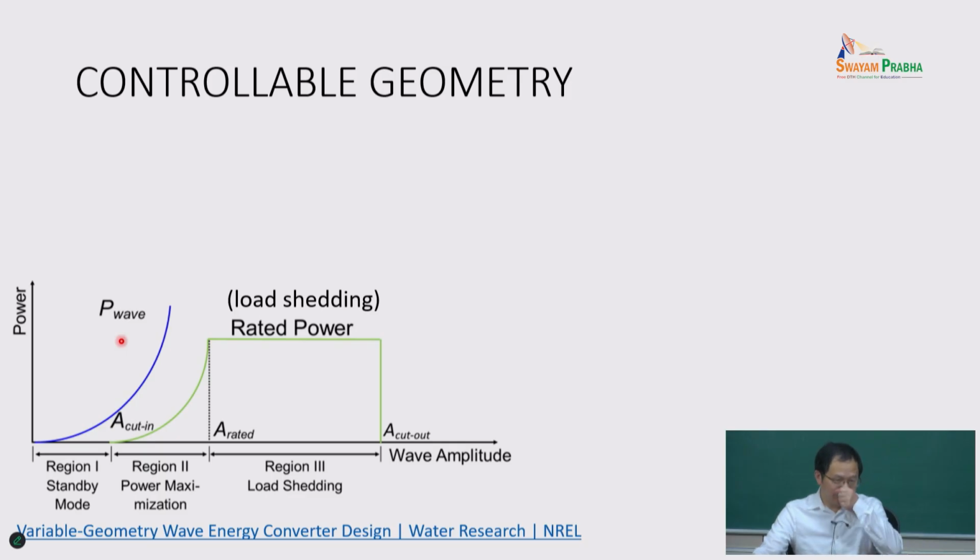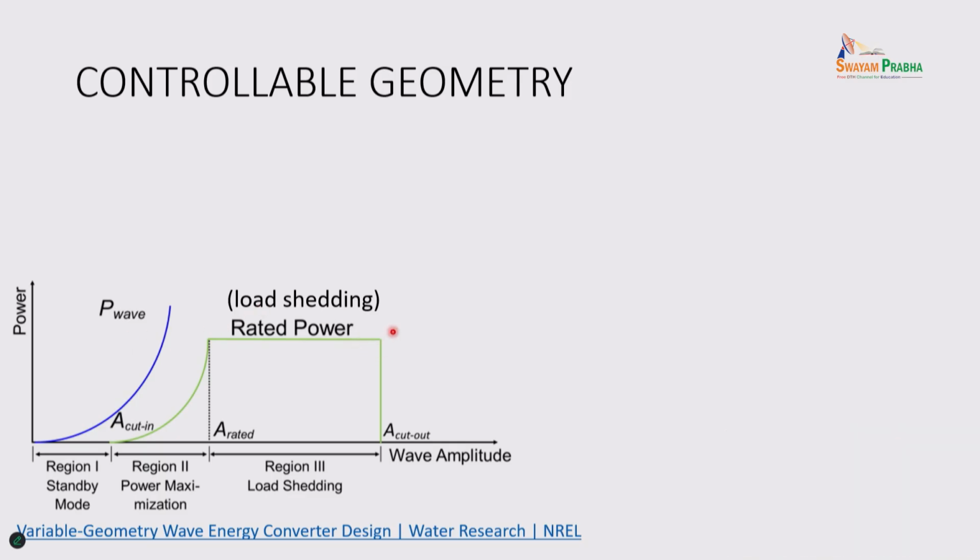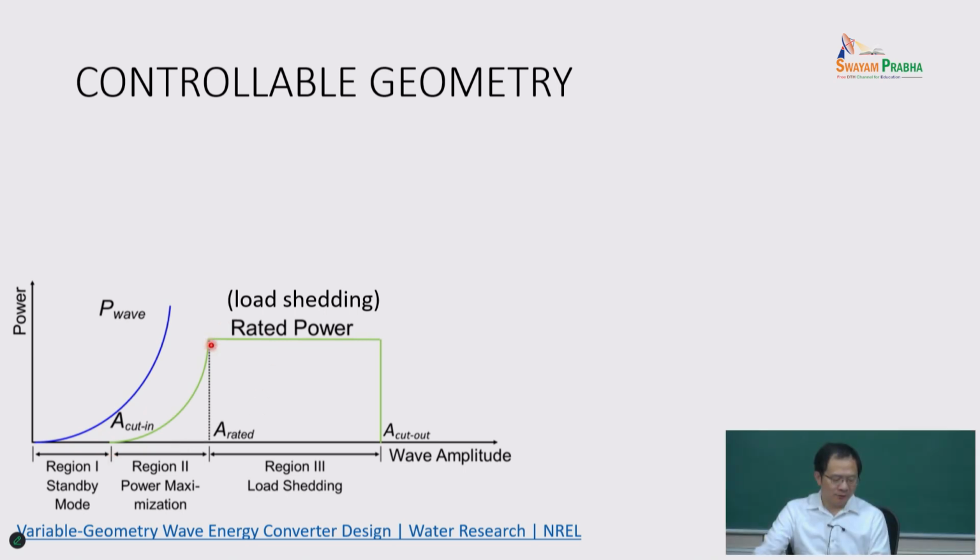Like if wind speed is too large, you knock down the wind turbine and don't generate electricity. Waves follow the same. So at small wave speed, you don't generate energy, and if wave amplitude is above a certain number, then you shed the load and make it flat. Then you have cut off, you just knock things down.